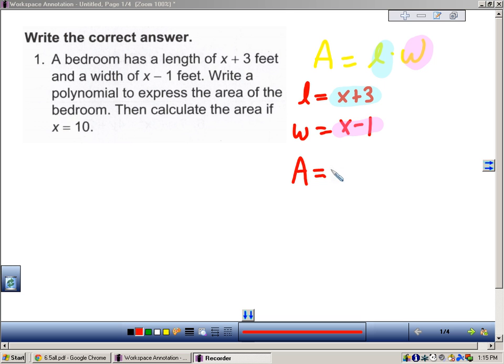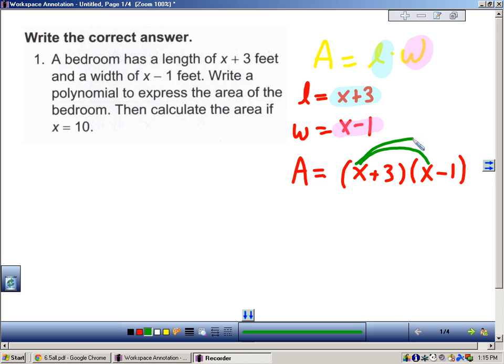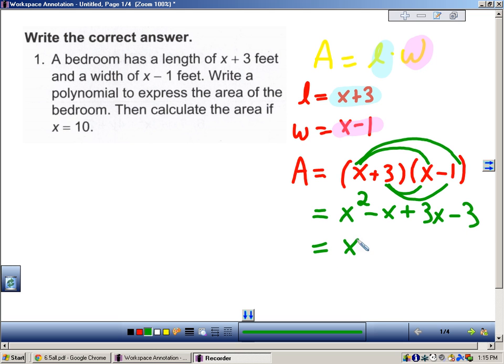Okay, now let's multiply using the distributive property or FOIL method. So that is the first part.